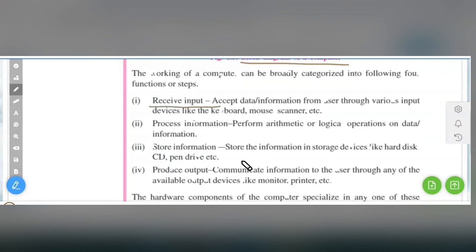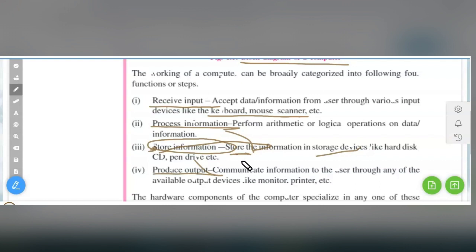Receive input, process the information, produce the output. These are the three things, and we also have to store this information. Unless we store it, we cannot get access to the work that is being done. So we have different devices. They are keyboard, mouse, scanner. These are used for inputting, to feed some data into the system.